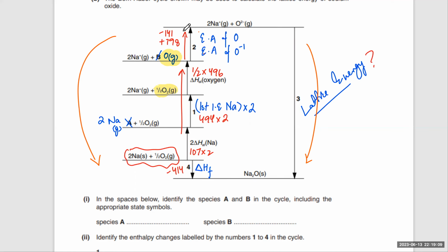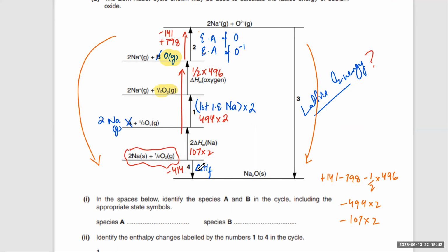So your lattice energy would be equal to plus 141 and minus 798. Do you have a calculator with you? Yep. This one goes in the opposite direction, so it's going to be minus half times 496. This also goes in the opposite direction, so that's minus 494 times 2. This one is backward, so that's minus 107 times 2.